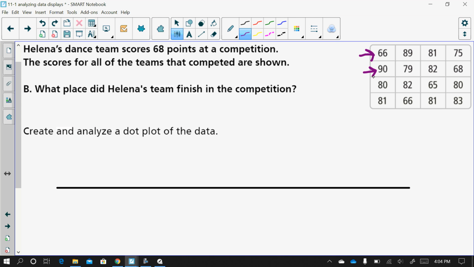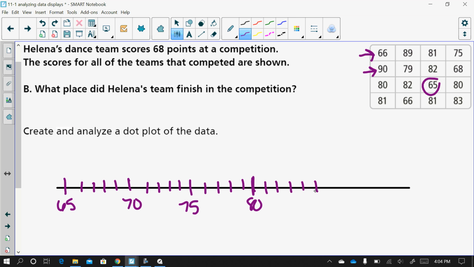Oh no, I lied, there's a 65. That's smaller than 66. So let's go from 65 to 90. 65, 66, 67, 68, 69, 70, 71, 72, 73, 74, 75, 76, 77, 78, 79, 80, 81, 82, 83, 84, 85, 86, 87, 88, 89, 90.